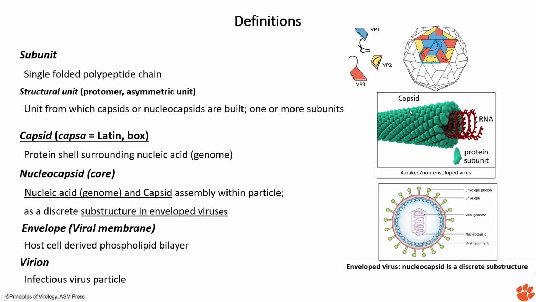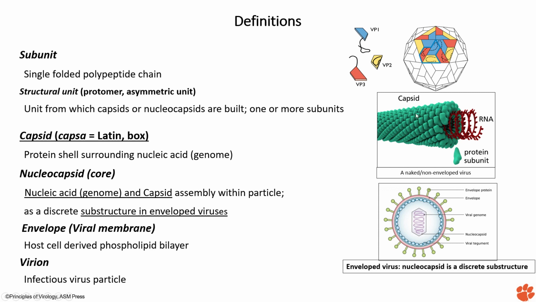Say for an example, if you're just looking at the tobacco mosaic virus, it's a non-enveloped naked virus. And the virus is just itself, you have the RNA wrapped with the protein. So it's just by itself, you can think of this as just a capsid, or just a nucleocapsid structure.